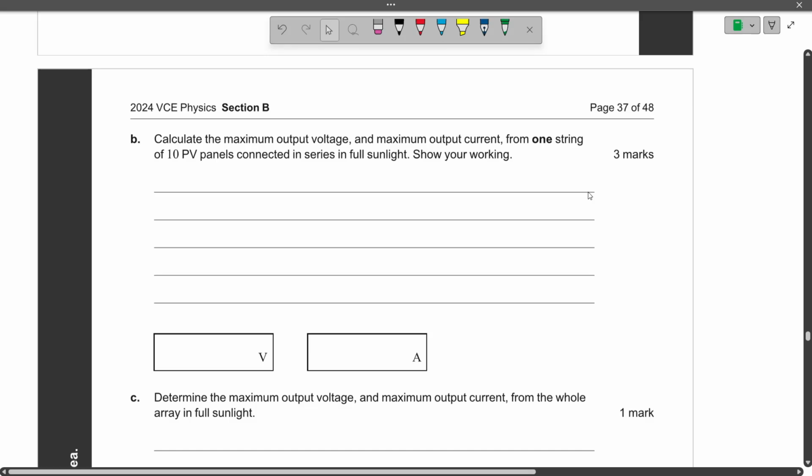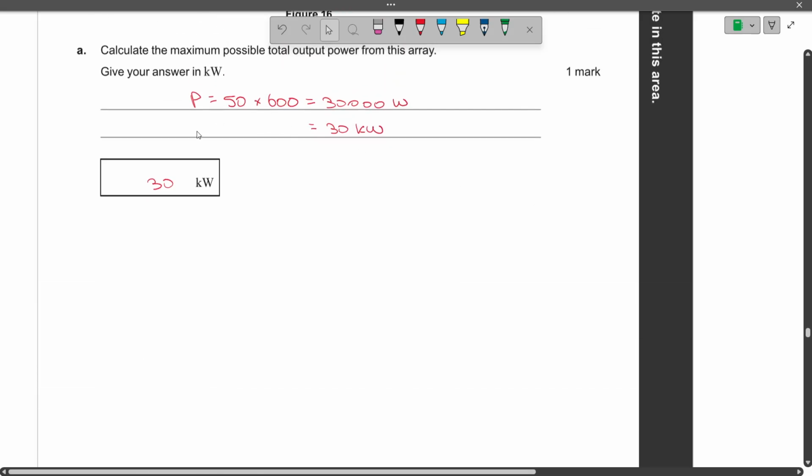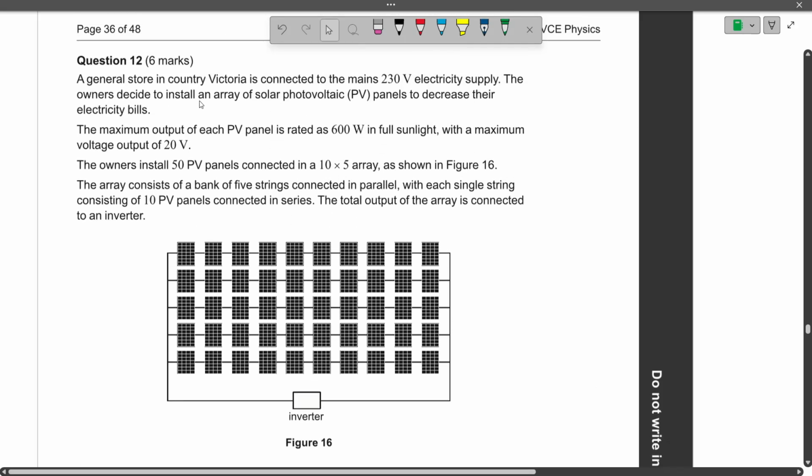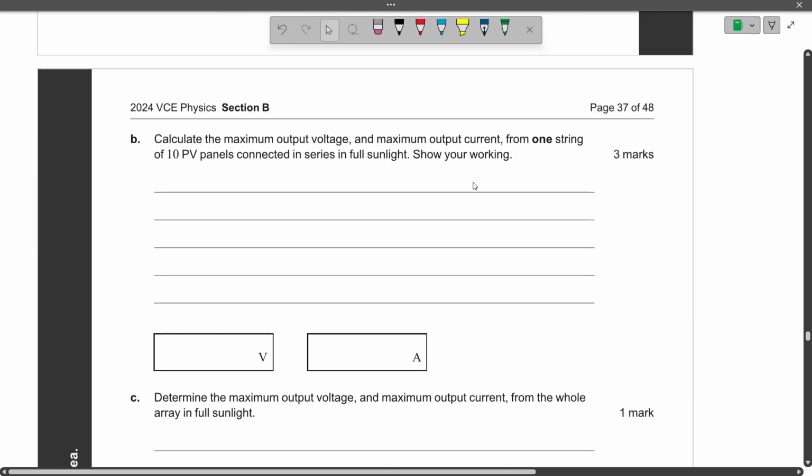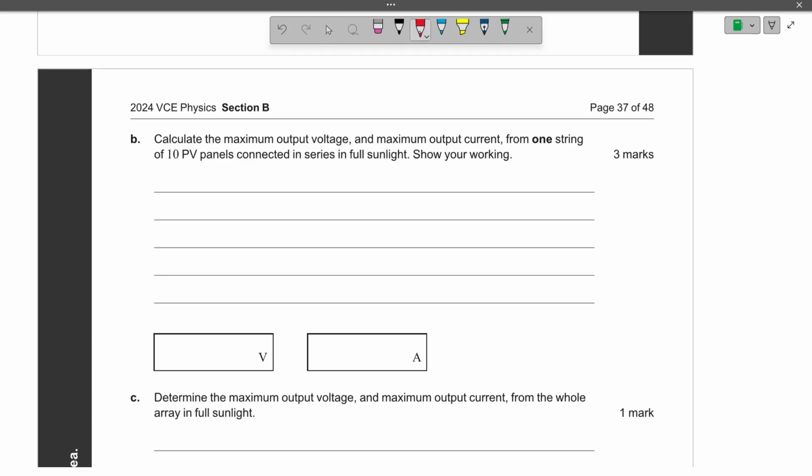So you've got 10 in a row. And in the description, each panel has a maximum voltage output of 20. So the maximum voltage for one string is just 10 times 20. So we can say that the total voltage V is just 10 times 20. Okay, 10 panels in a string, each one has a maximum voltage of 20. It's 200 volts.